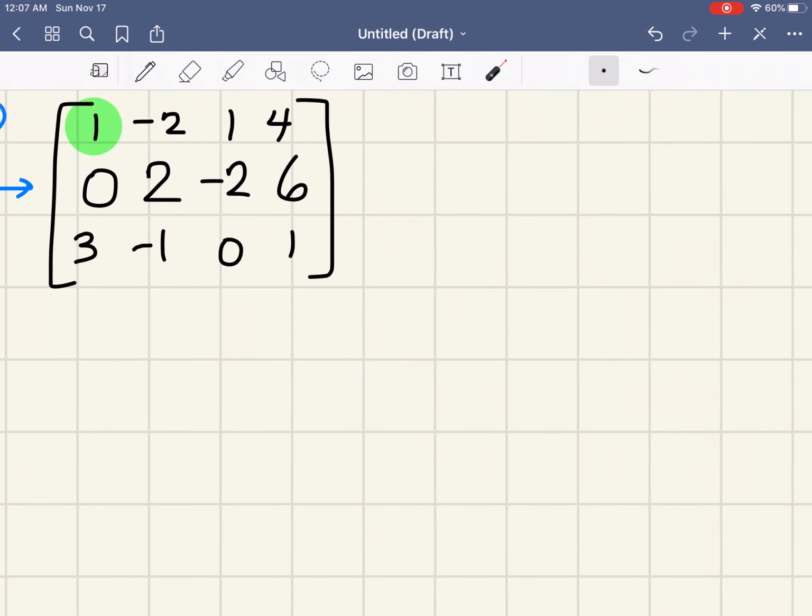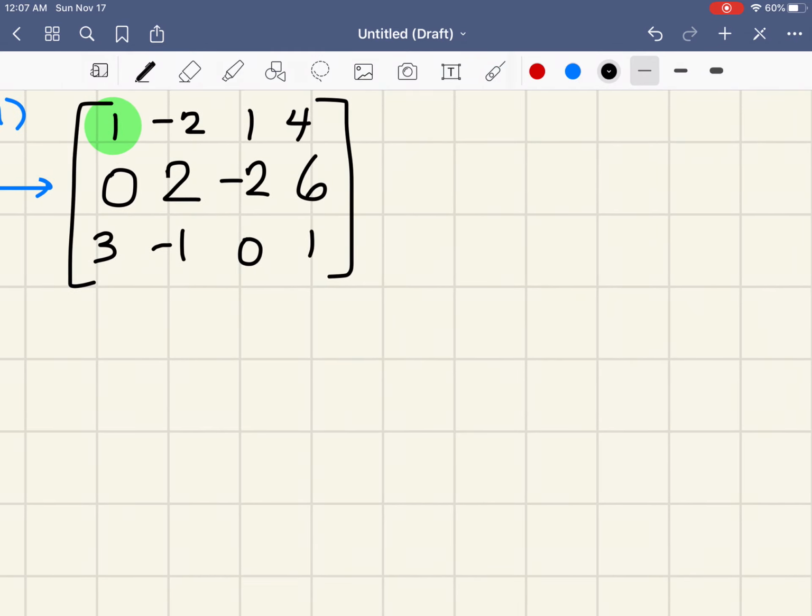The way that goes is I want to take row 3 and replace it with row 3 plus, well, I'm going to take row 1 and multiply it by negative 3.